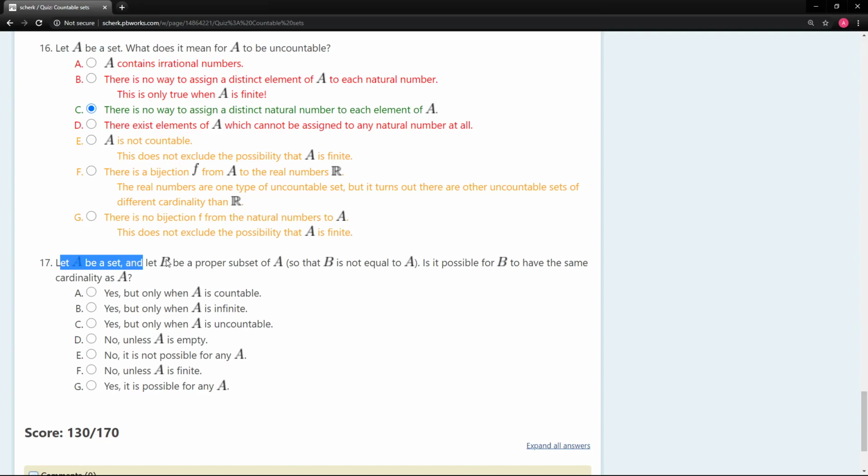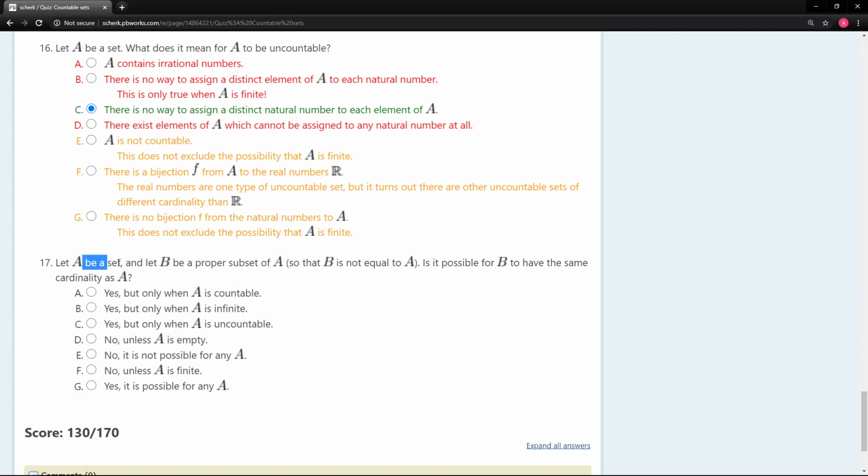Let A be a set and B be a proper subset of A, so that B is not equal to A. So A is a set, B is a proper subset, so it's strictly a subset in A. There's no possibility that it could be equal to A. Is it possible for B to have the same cardinality as A?